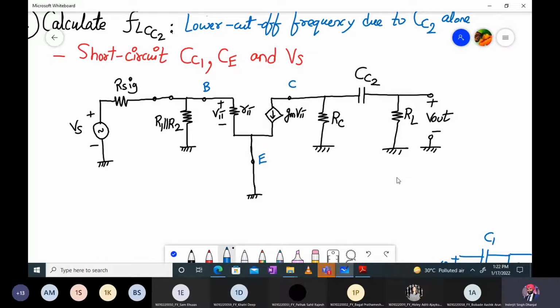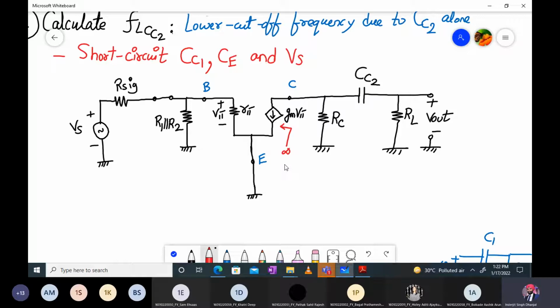Now, how do we analyze the circuit? Can anyone tell me what will be the impedance offered by this current source over here? We have discussed this before. The impedance offered by a current source is infinite.